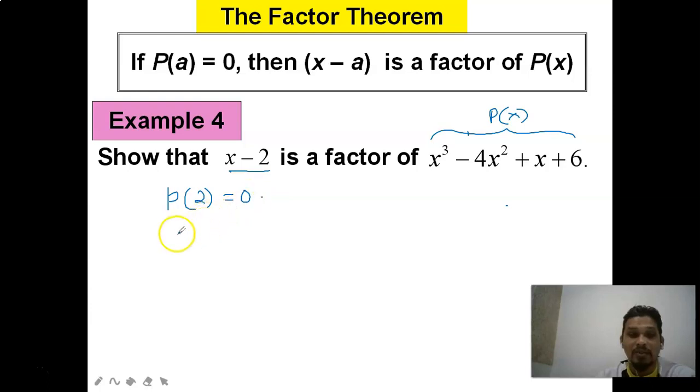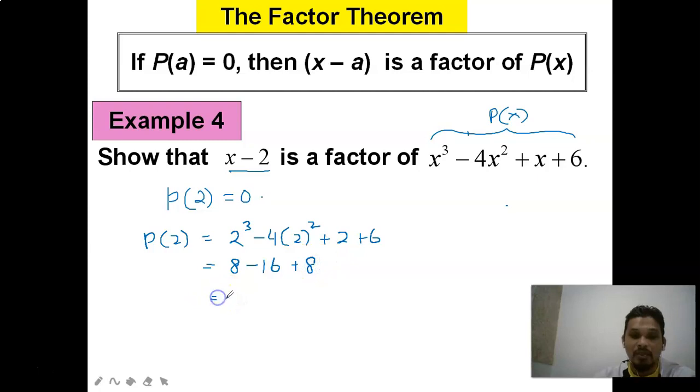Okay, now let's try. P(2) equal to 2 cubed minus 4 times 2 squared plus 2 plus 6, with x equal to 2. So 2 cubed equal to 8, 2 squared equal to 4, 4 times negative 4 equal to negative 16, 2 plus 6 equal to 8.